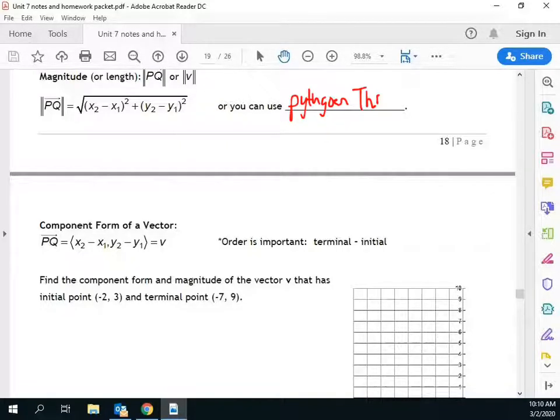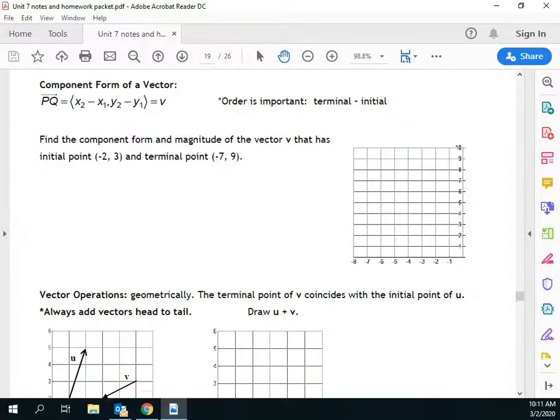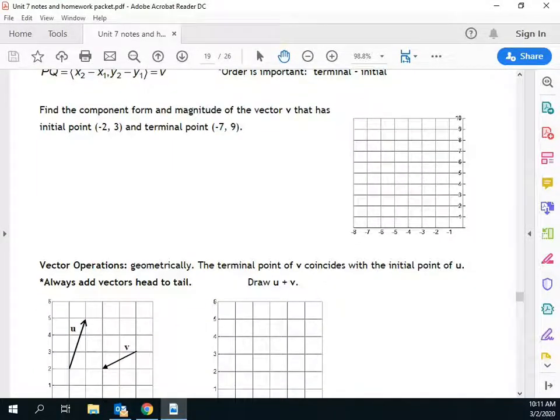All right. So as you can see here, let's find the component form and magnitude. We need to find the component form and the magnitude of the vector v with initial point (-2, 3) and terminal point (-7, 9). I'm going to come over to this graph here. (-2, 3) puts me here. (-7, 9) puts me here.